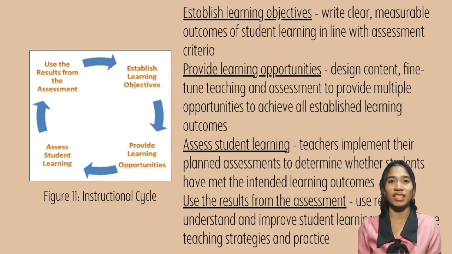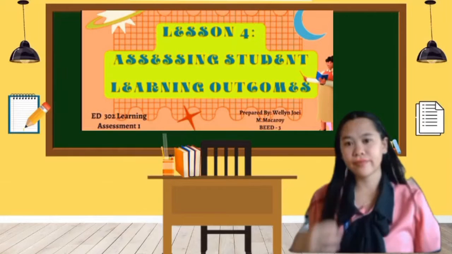Teachers implement their planned assessments to determine whether students have met the intended learning outcomes. Use the results from the assessment. This means to use results to understand and improve student learning and fine-tune teaching strategies and practices.